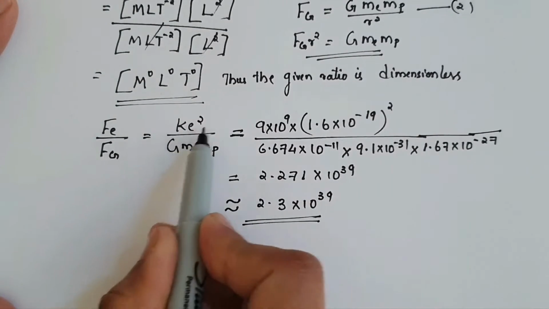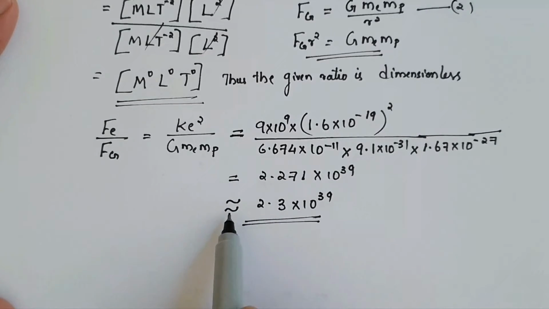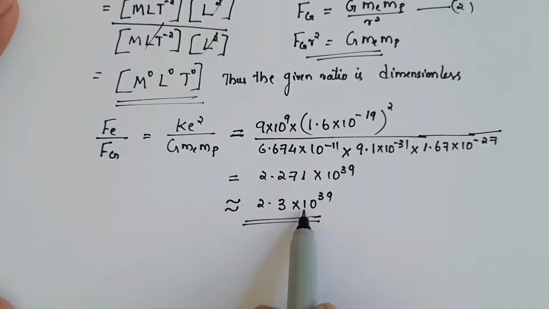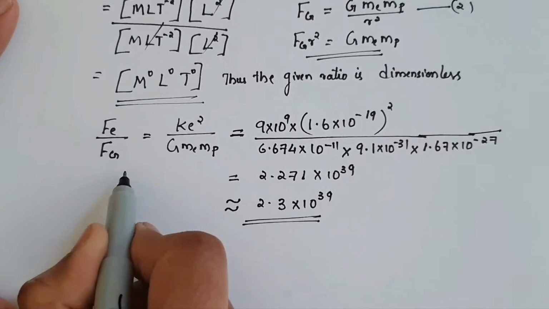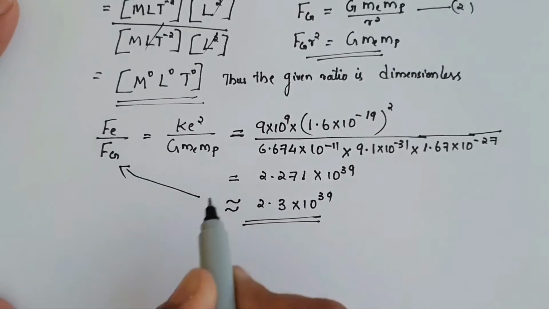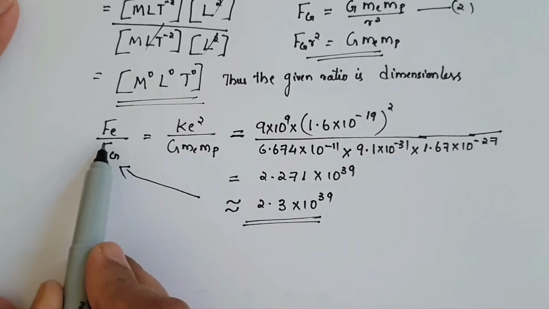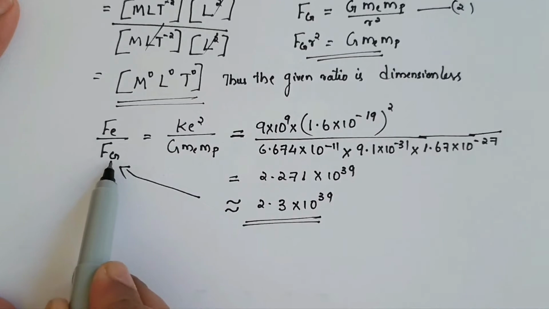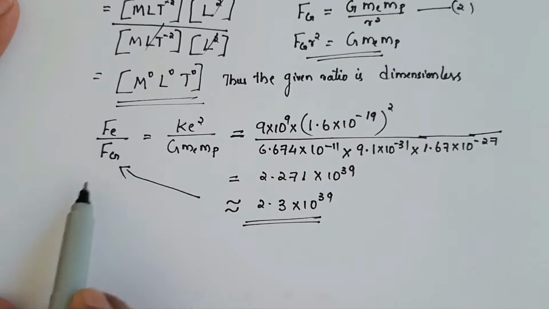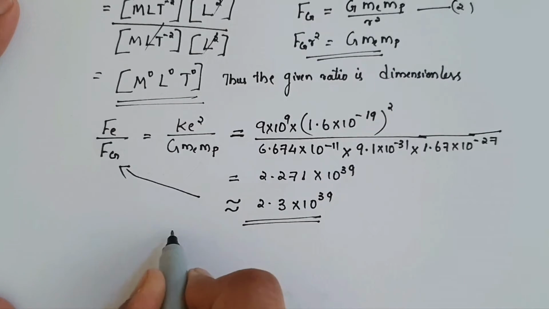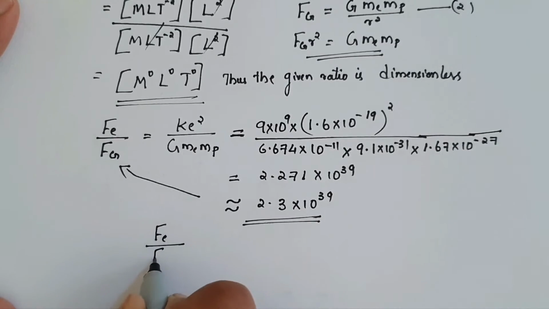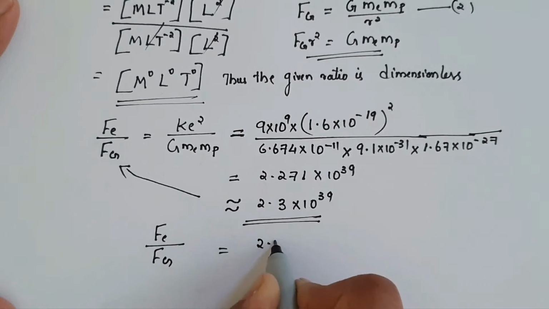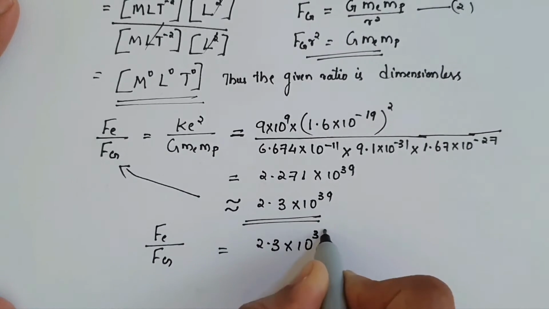So the given ratio K square by G Me Mp is equal to 2.3 into 10 raised to 39. This is the ratio between the electric force and the gravitational force between an electron and a proton when the distance between them is the same or constant. So Fe by Fg is equal to 2.3 into 10 raised to 39.